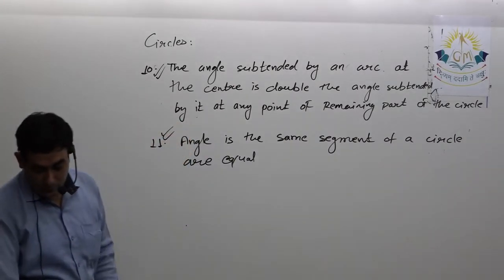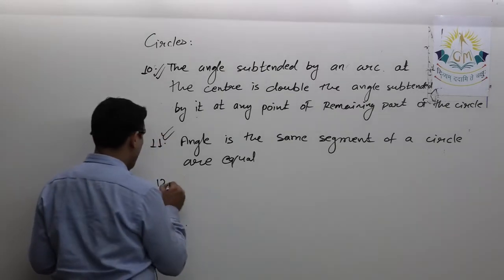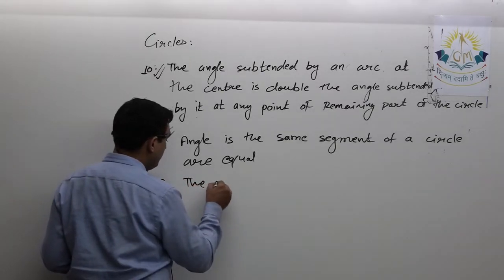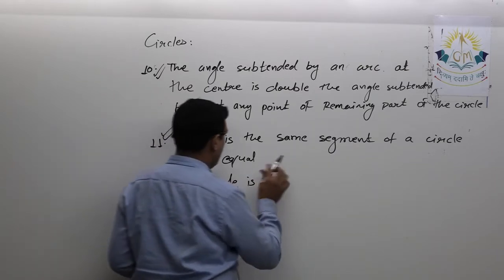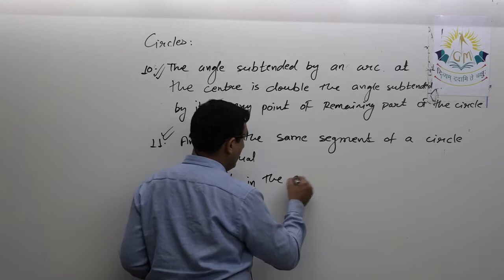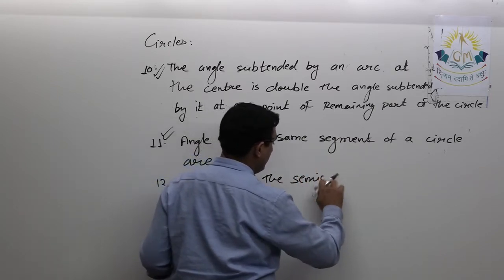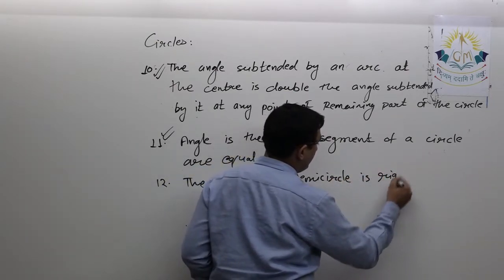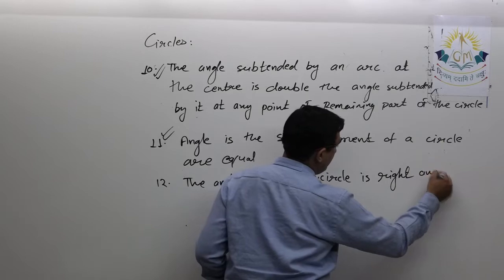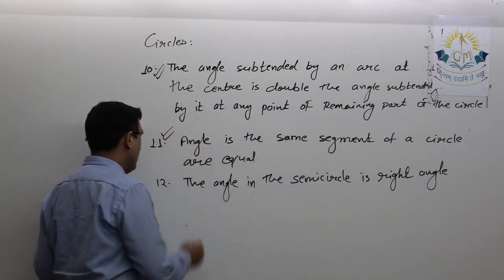Okay, next is the angle in the semicircle. The angle in the semicircle is a right angle.